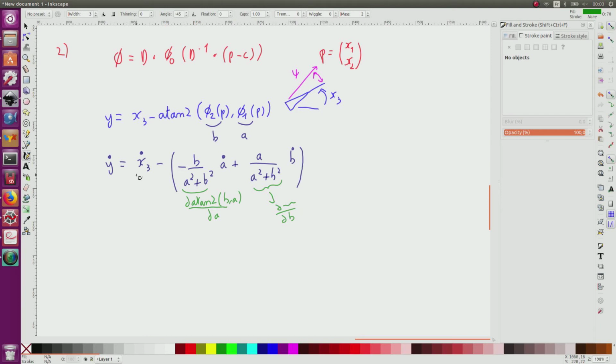So C, and this one corresponds to u. So here I can say that y dot is equal to u plus (b a dot minus a b dot) divided by a square plus b square.